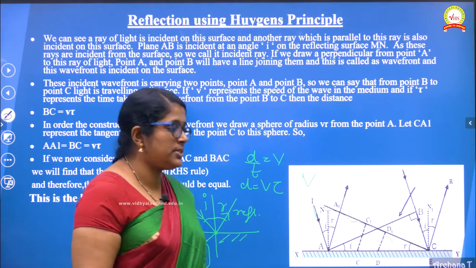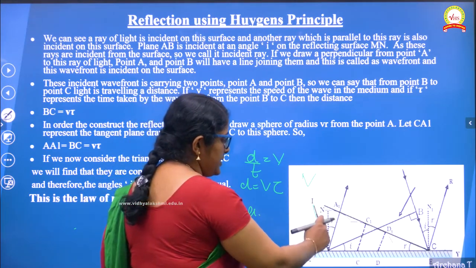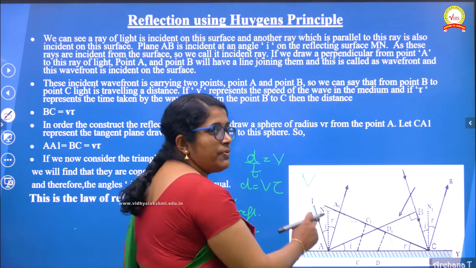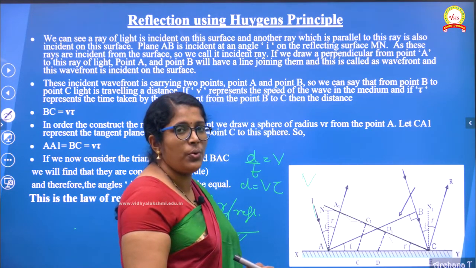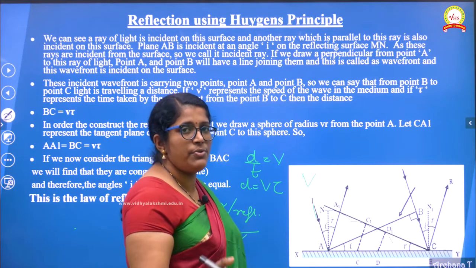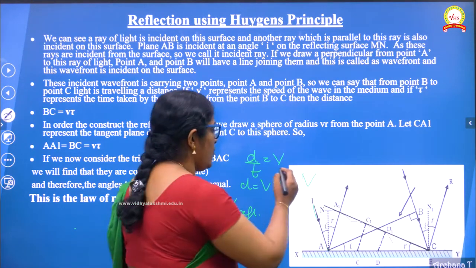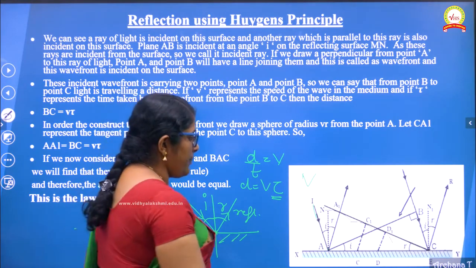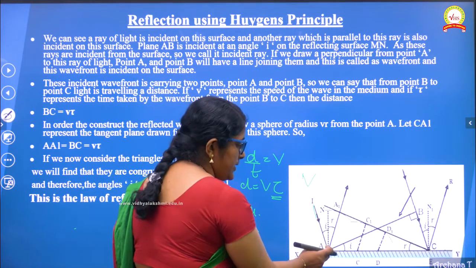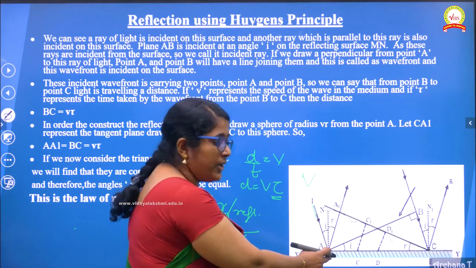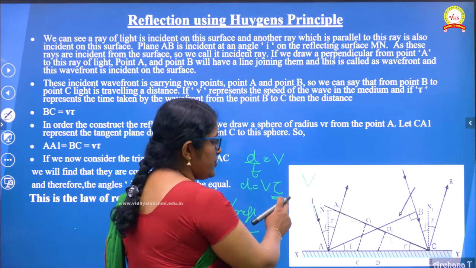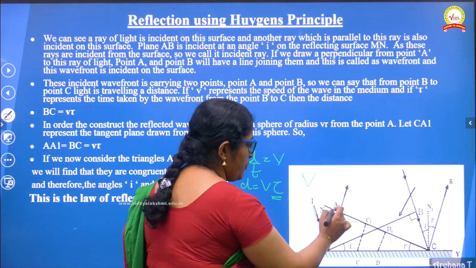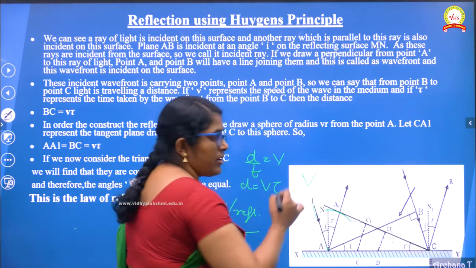So how to draw this? See this one. Here the incident ray is coming. We have to draw a reflected wavefront after a time tau. I am considering the time tau. The incident ray reaches the point A. So I am taking V into tau and from this I am going to draw an arc.